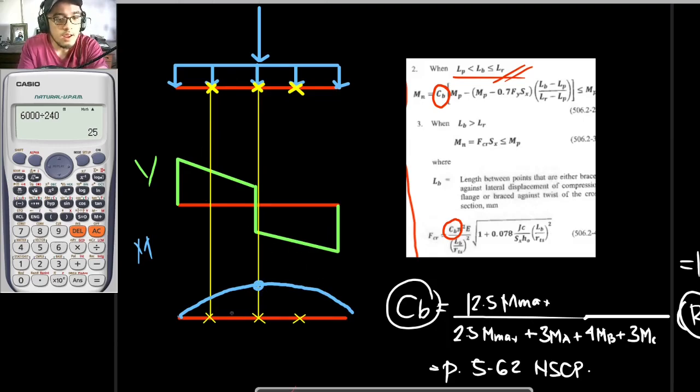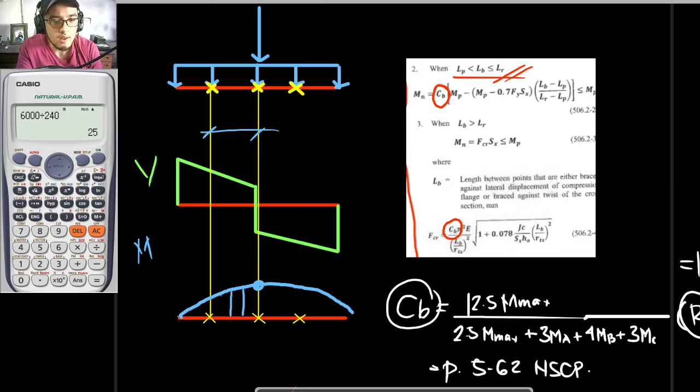Okay, and etong X pala na to, by the way, for example, is your lateral bracings. So, etong M max natin, once again, is yung maximum moment. And after getting that, etong unbraced length na to, i-divide nyo into 4 equal parts, 4 equal regions para magkaroon kayo ng 3 na lines.